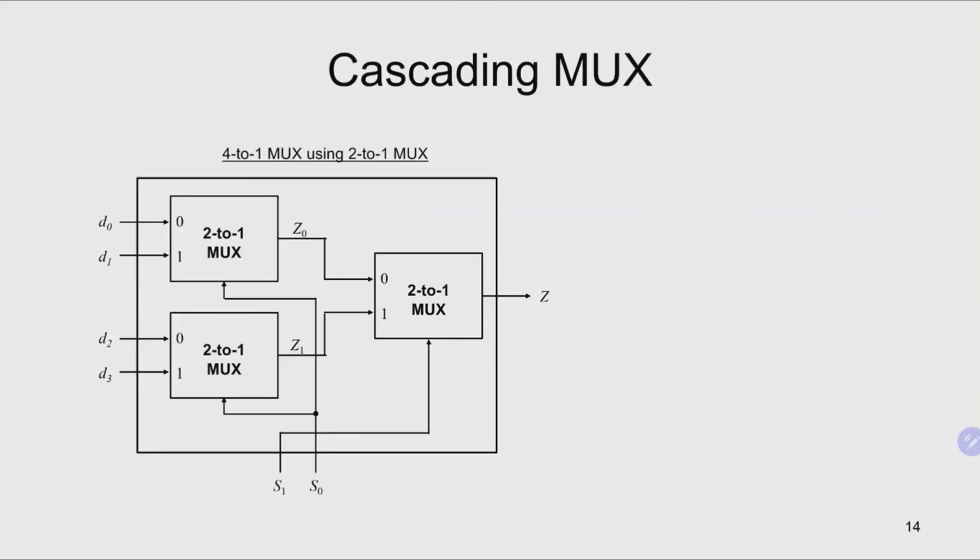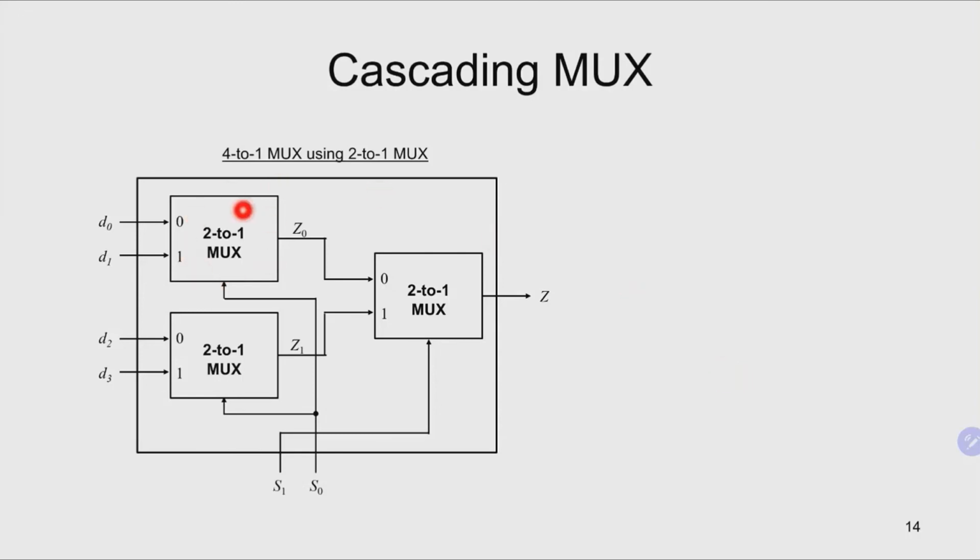Or you can also cascade 2-to-1 multiplexers to build a 4-to-1 multiplexer. This is an example of how you can do that.